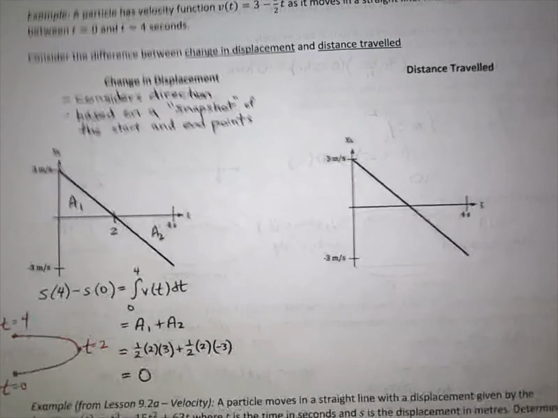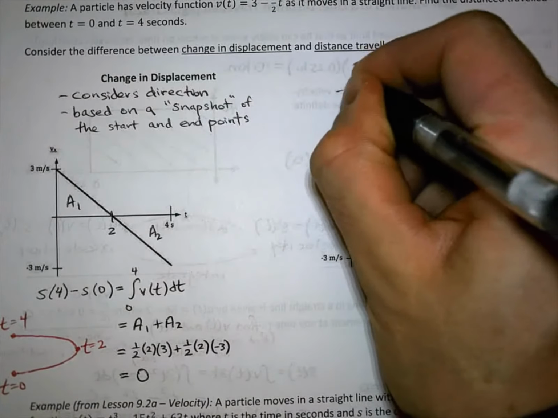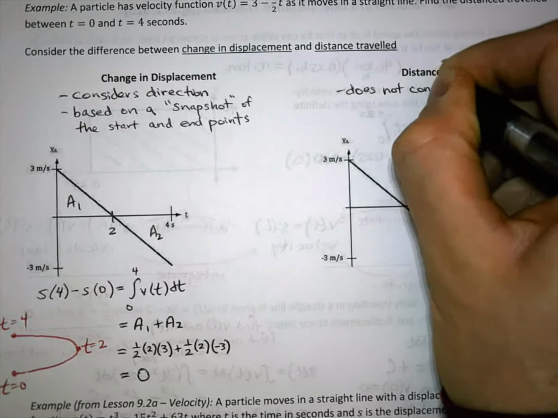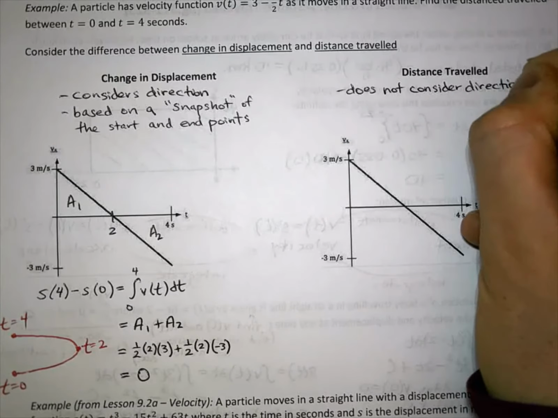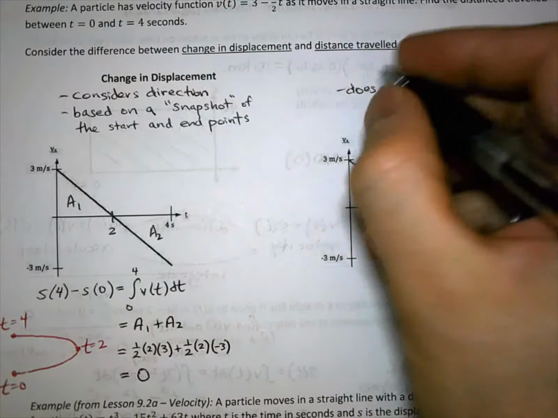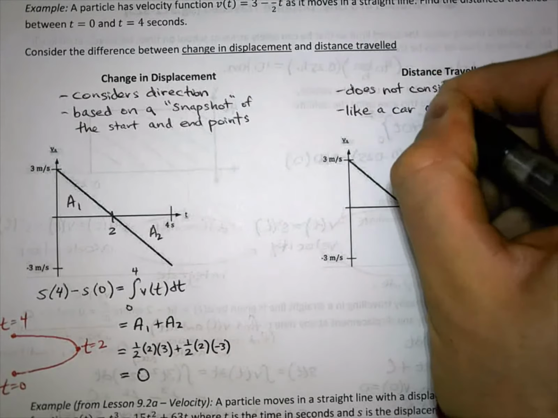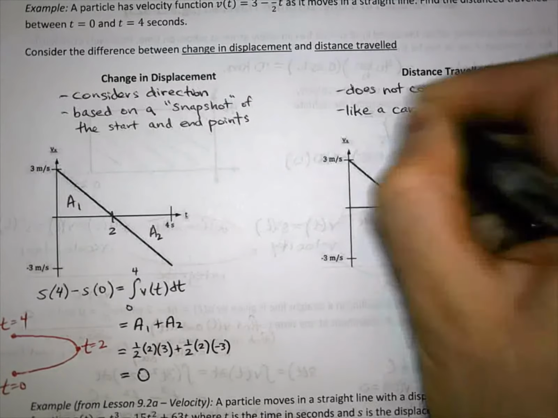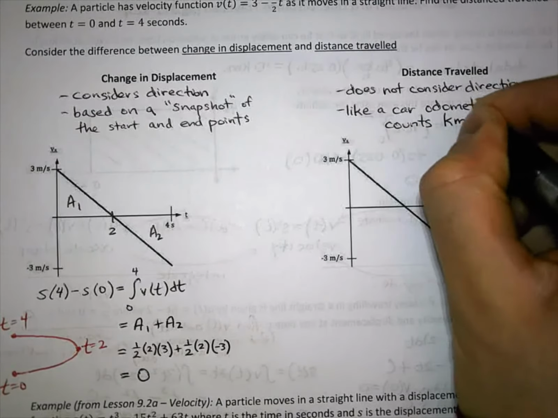Okay, contrast that to distance traveled. Distance traveled does not consider direction. It is like a car odometer that counts kilometers.